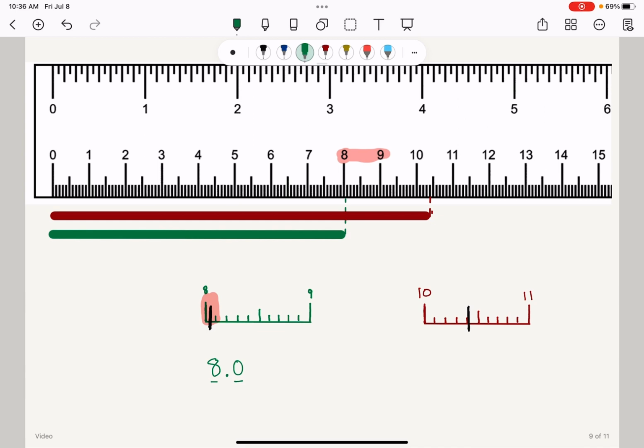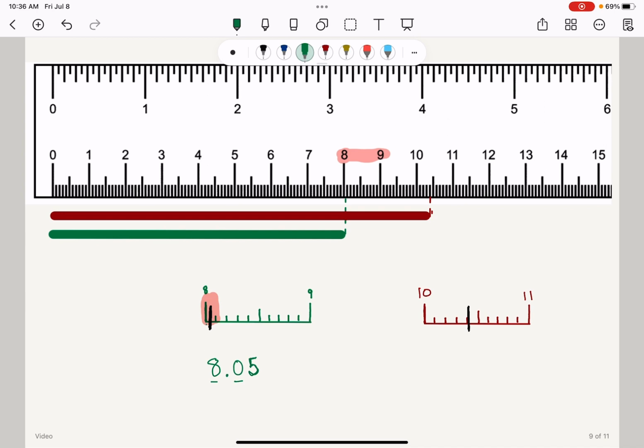To get that uncertain number, I look and see where that line is in between 8.0 and 8.1. To me, it looks like it's about halfway. You could make an argument that maybe it's not quite halfway or a little bit beyond halfway, but to me, it looks about halfway. So I'm going to say it's a 5. Halfway in between 8.0 and 8.1 is 8.05.